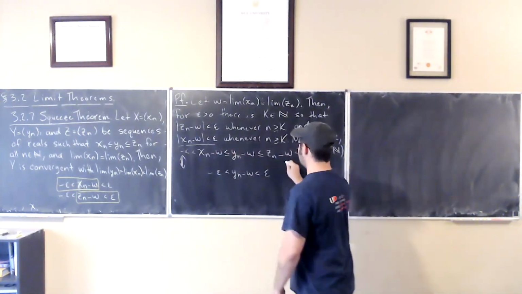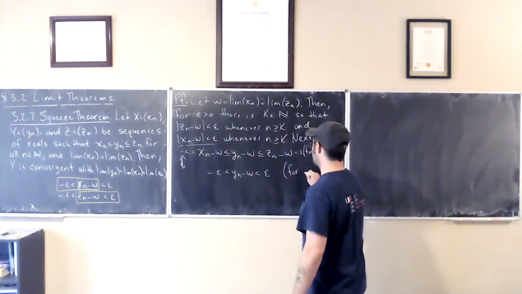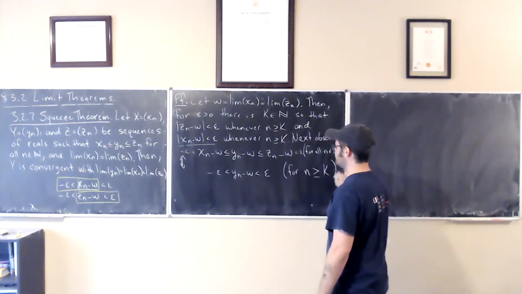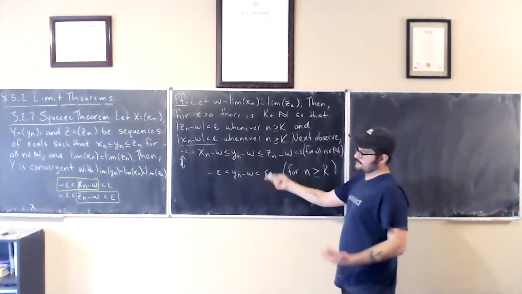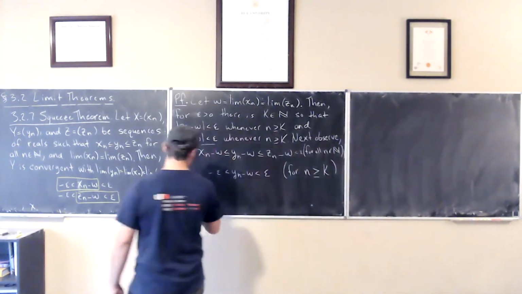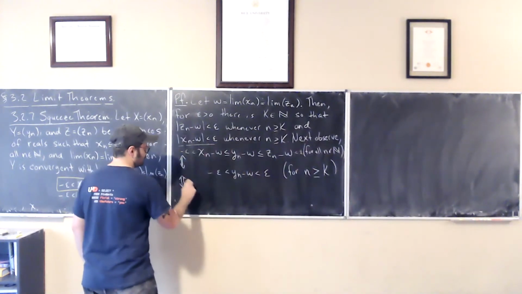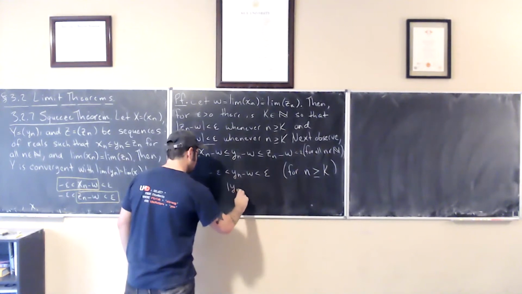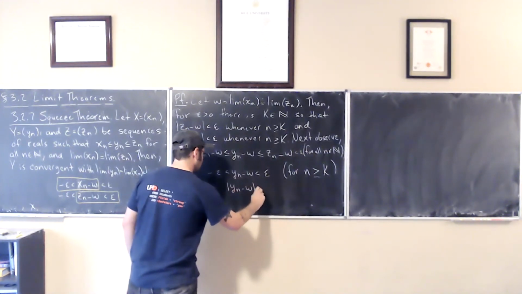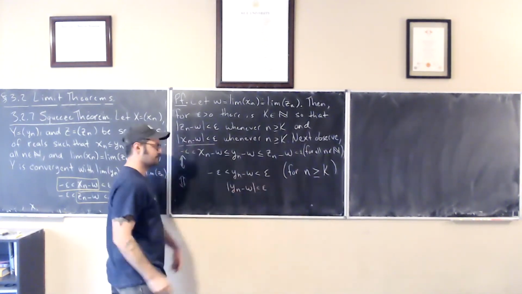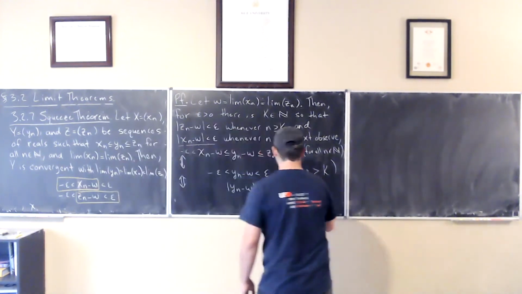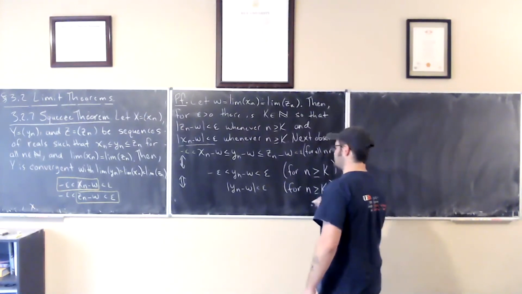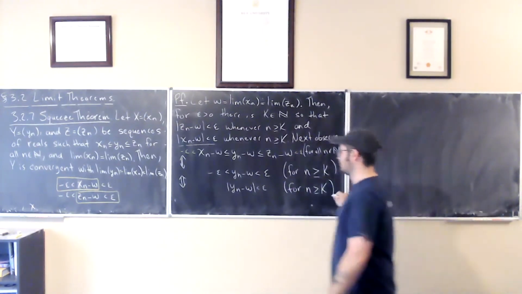Now this is going to hold for n greater than or equal to k. But this is the characterization of the absolute value, right? This only holds, and again, for n greater than or equal to the cutoff. All right.